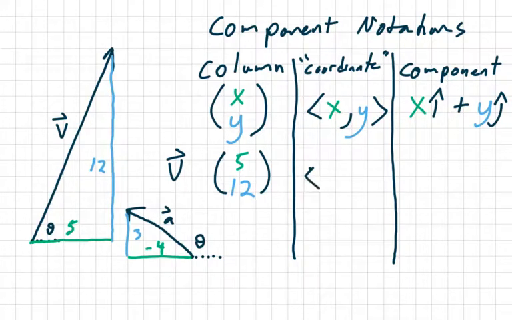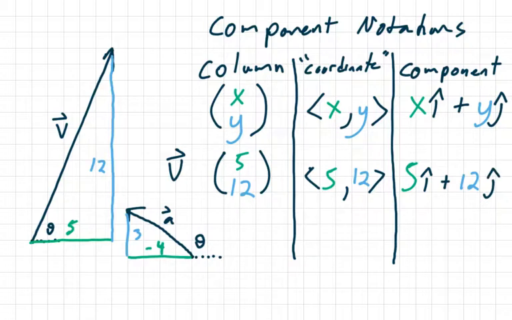In this coordinate form, it would be 5 and 12. And then in the component form, it would be 5 times i hat plus 12 times j hat. All right, that's in component form.